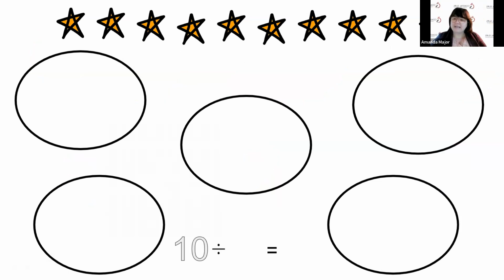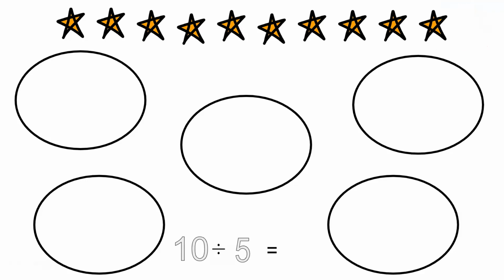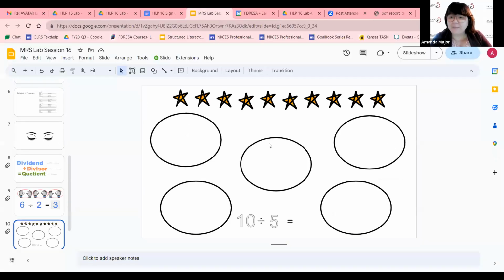I know that I have 10 stars that I need to split up, and I have 5 groups. 5 is going to be my divisor because that is my number of groups. To divide them up, I am going to count my stars and put 1 per group and then repeat until I'm out of stars.